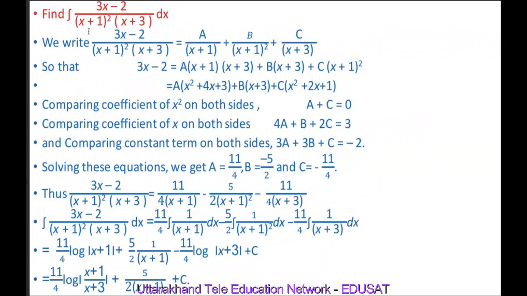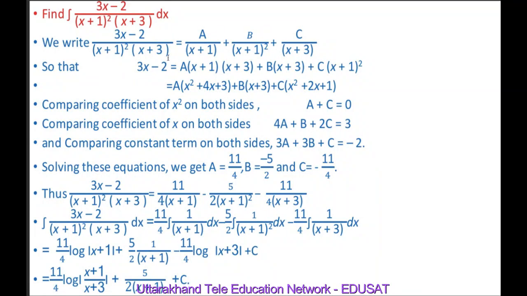Now we have one more example. How to find the integration of 3x minus 2 upon x plus 1 whole square into x plus 3. Here in the denominator, x plus 1 is a factor which is repeating twice, and x plus 3 is a simple linear factor.